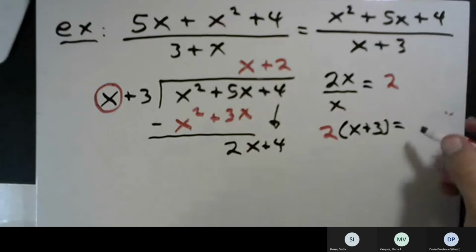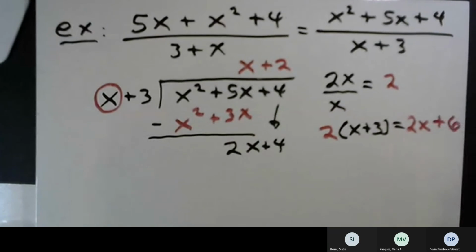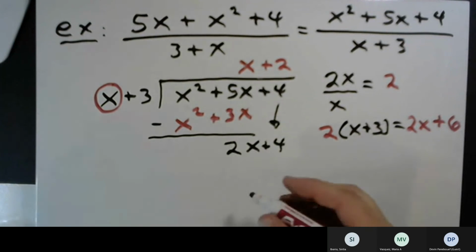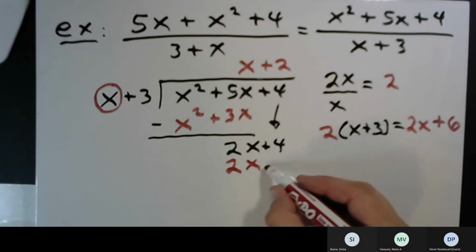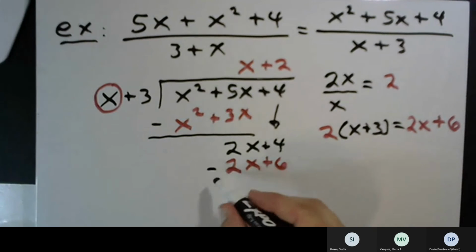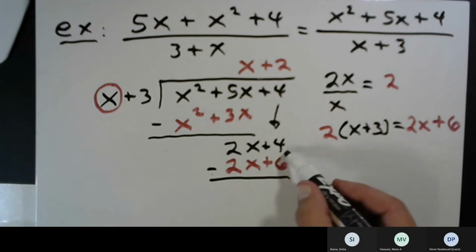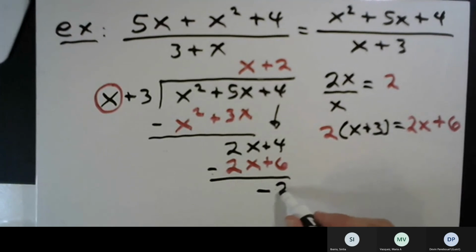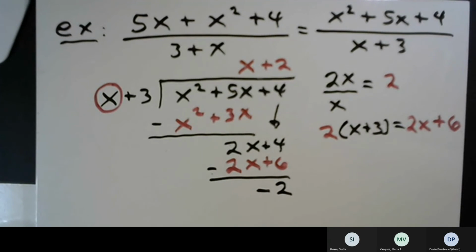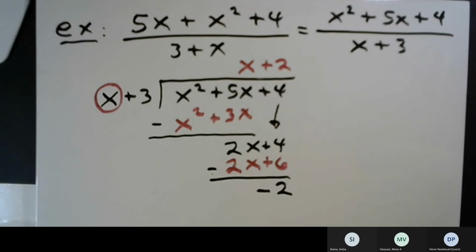And that's going to give us 2x plus 6. And then we subtract. So 2x minus 2x is 0. 4 minus 6 is negative 2. And there are no more terms to bring down, so we're done. We finished our second cycle of division.